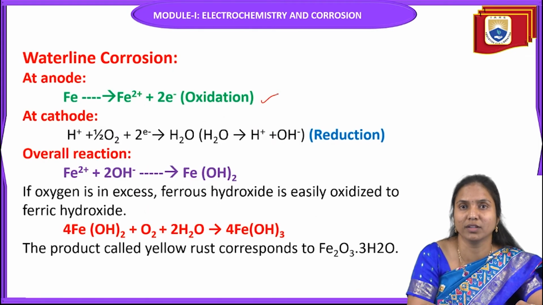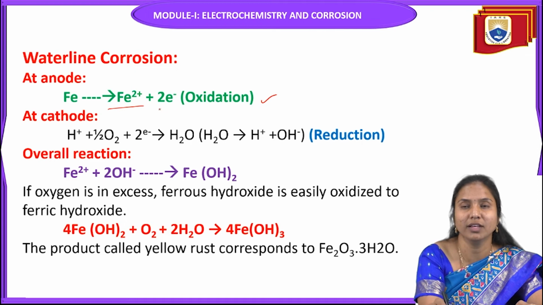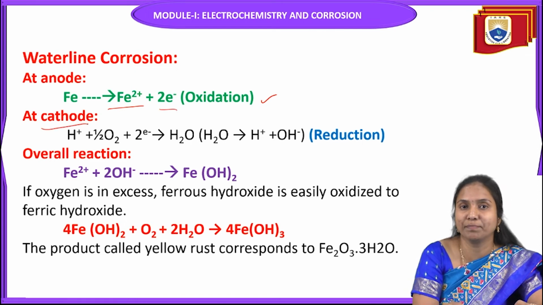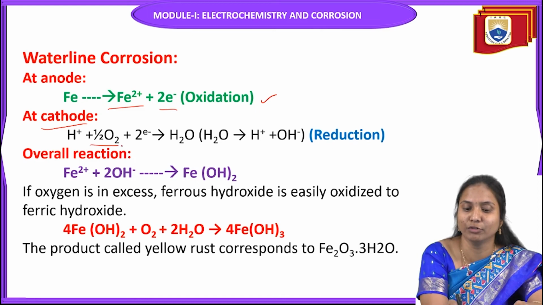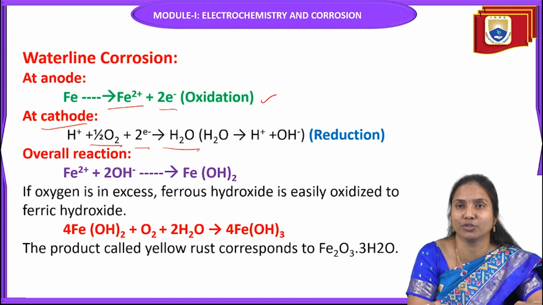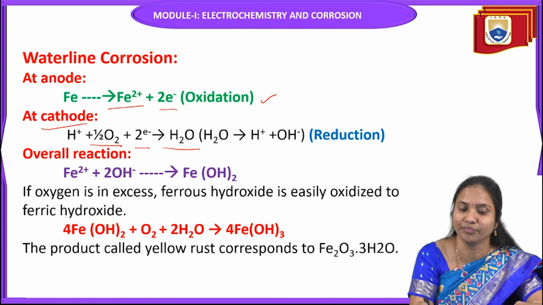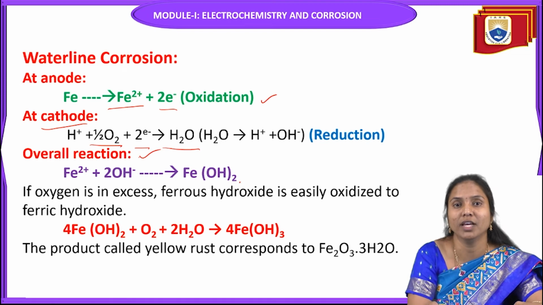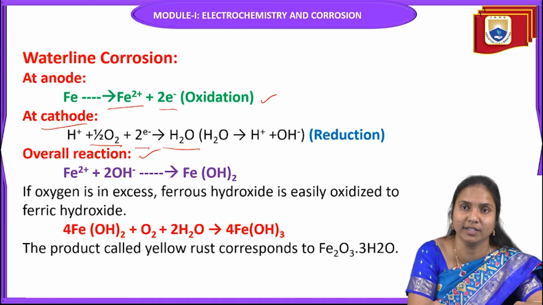So iron undergoes oxidation, giving iron metal ions and a loss of 2 electrons. At the cathodic area, H plus ions are present along with half O2 and 2 electrons, which produce H2O. This is a reduction reaction. So the overall reaction is Fe2+ plus 2OH minus forming Fe(OH)2. Ferrous hydroxide is formed.